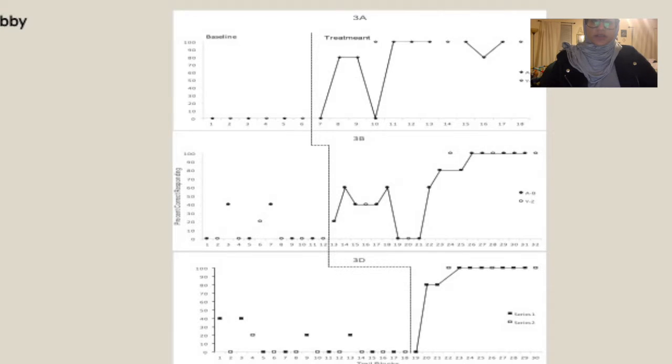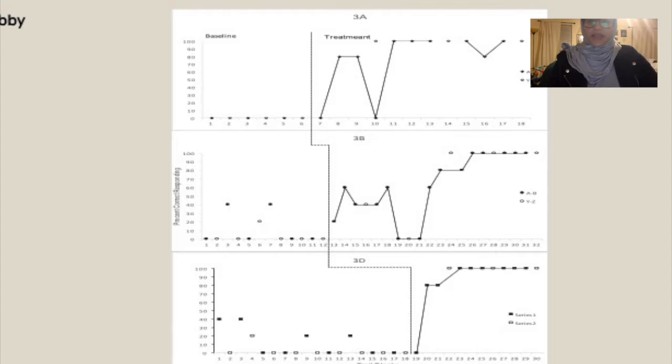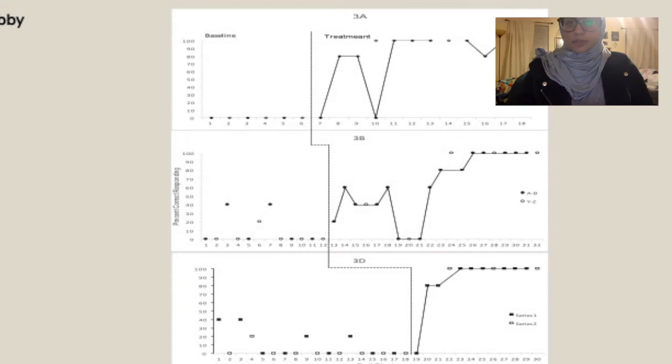With training, there was a substantial increase in percent responding, and performance ranged between 80 and 100% before mastery criterion was achieved. He was able to achieve mastery after 12 trial blocks, with 100% correct responding on the transformation task.